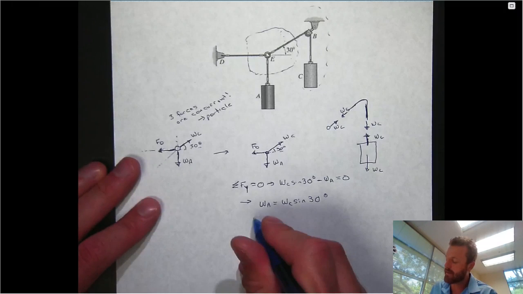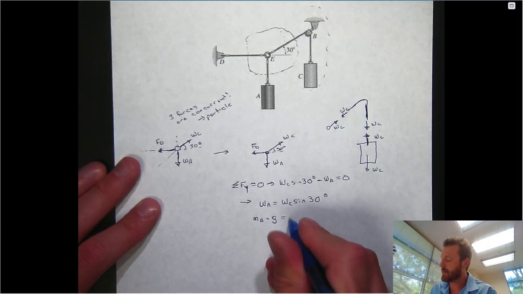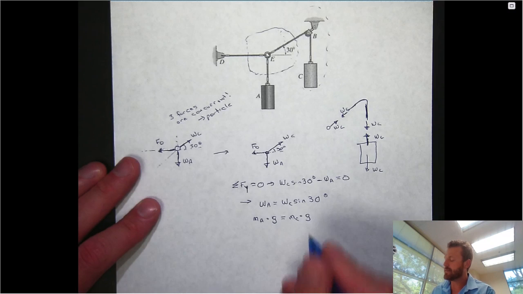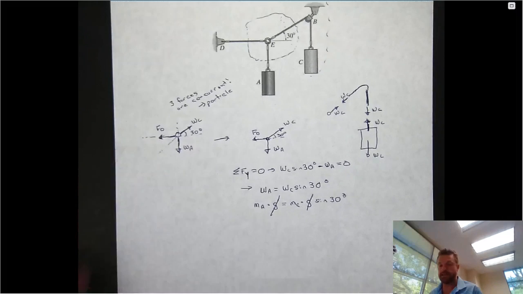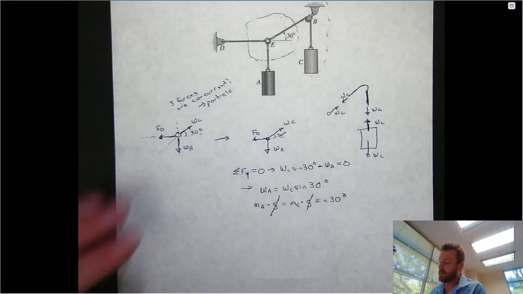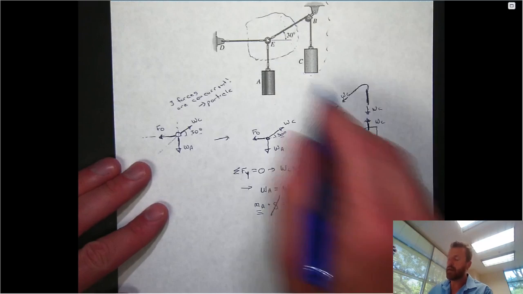That means the mass of cylinder A times the acceleration due to gravity must equal the mass of cylinder C times the acceleration due to gravity times the sine of 30 degrees. The acceleration due to gravity cancels.